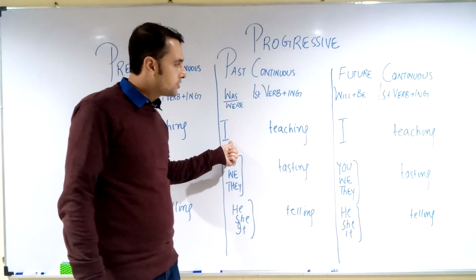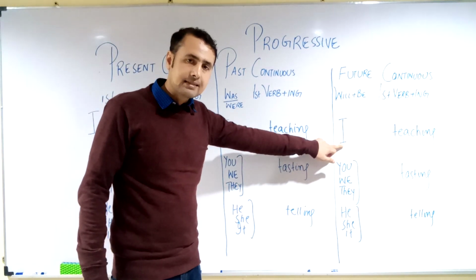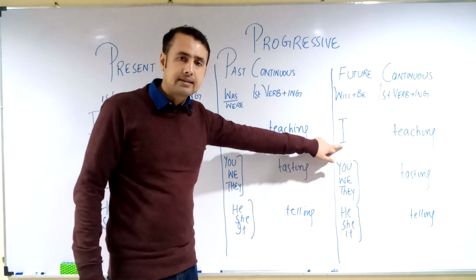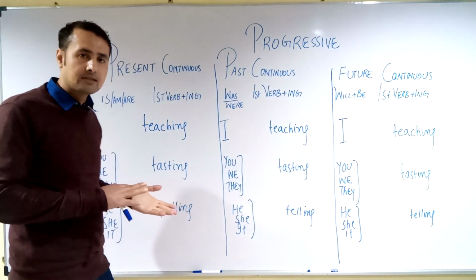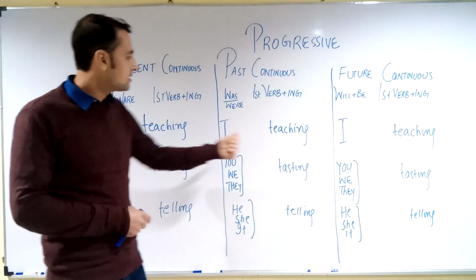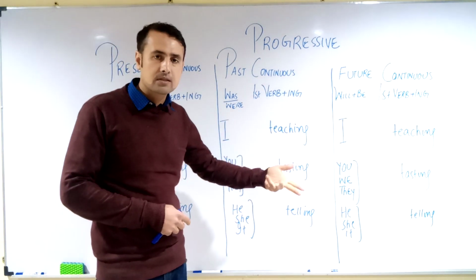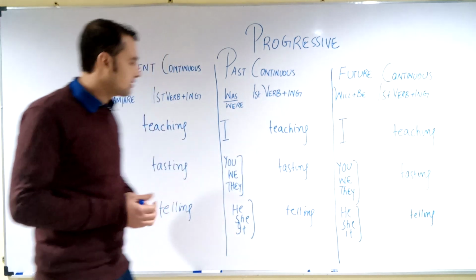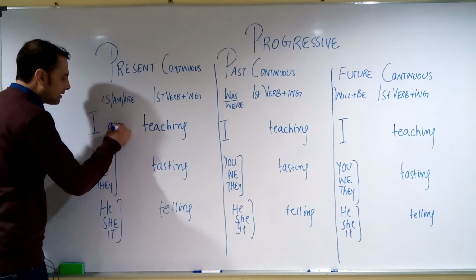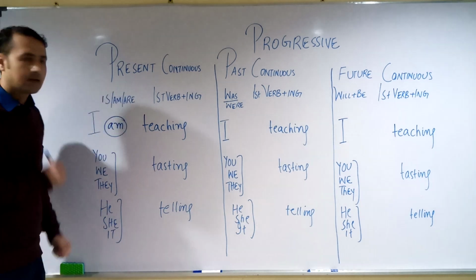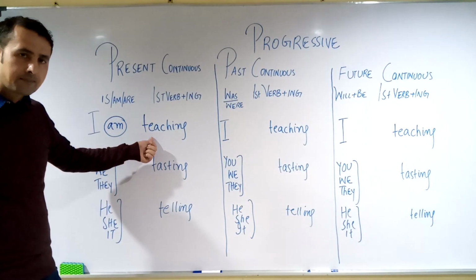Similarly, I teaching, and in this case again I teaching. Now if you want to make it either present continuous, past continuous or future continuous, you need to simply add its indicators. In case of I, this would become I am teaching.